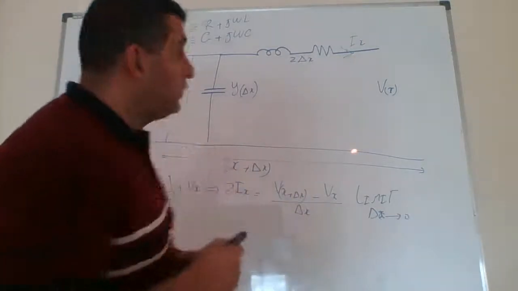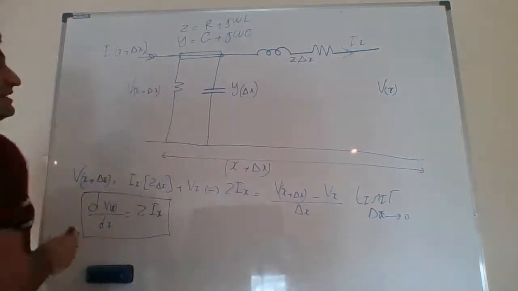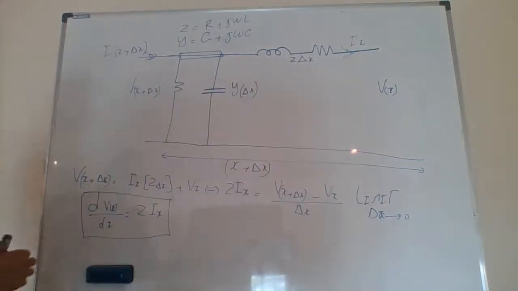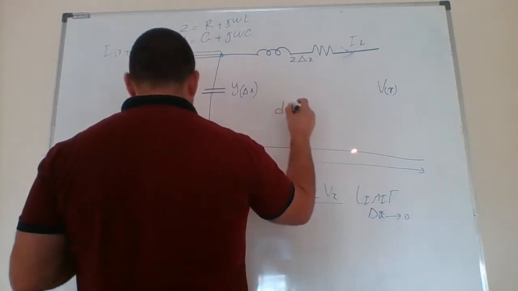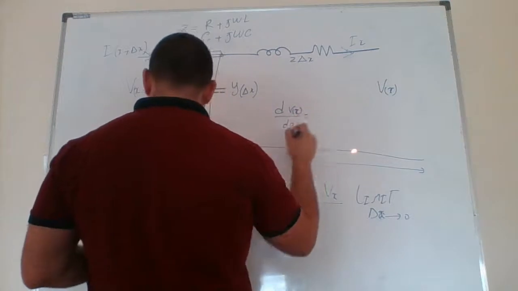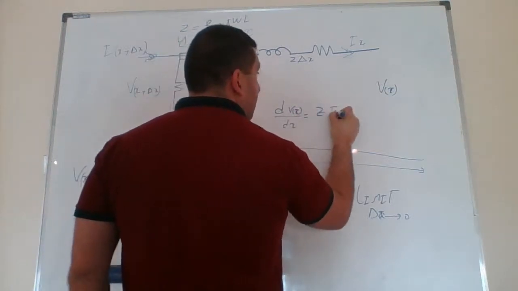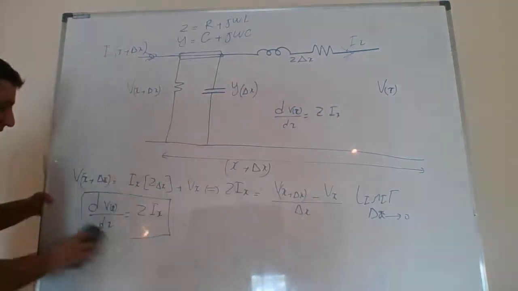Let's now do KCL on this node. Let's write this in here. I have the derivative of Vx over dx, it's equal to z ix. Let's remove this.